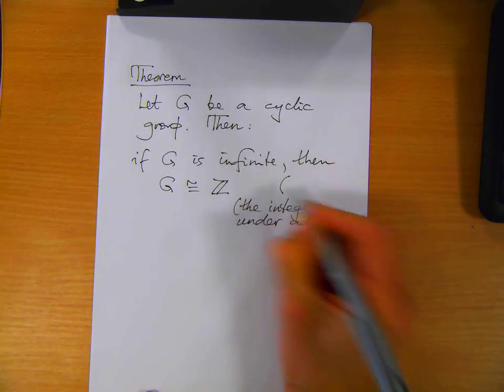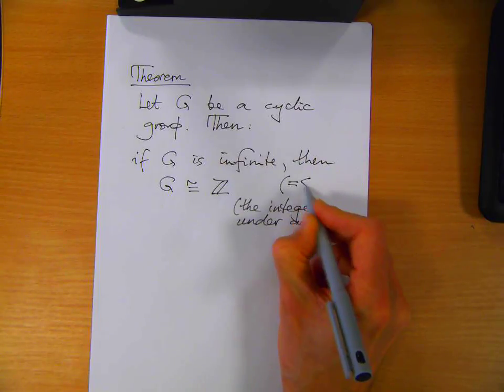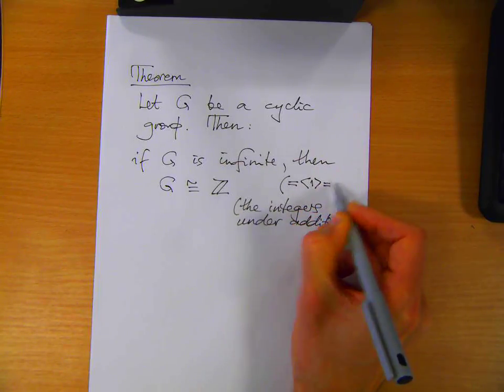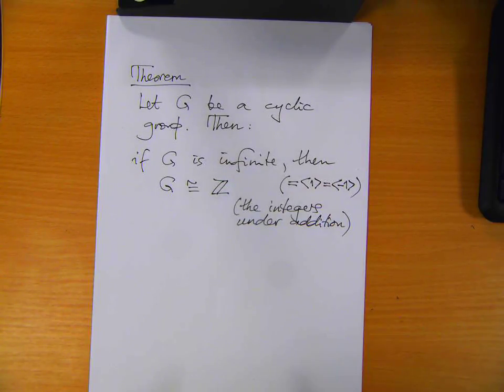And remember that the integers have precisely two generators. Every integer is a multiple of 1, and every integer is also a multiple of -1, and 1 and -1 are the only generators for the integers.